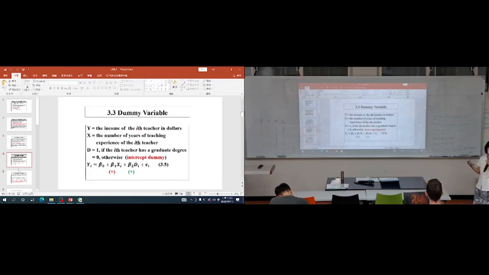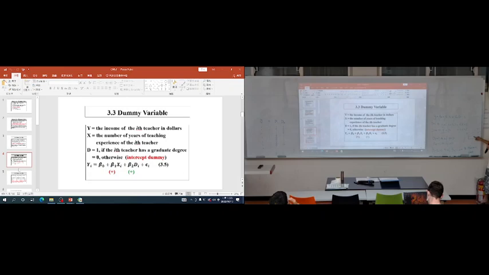Otherwise, why would they get a graduate degree, right? So we can expect the one with the higher degree has a higher intercept. See the difference? So maybe the upper line is for d equal to 1 and the lower line is for d equal to 0.